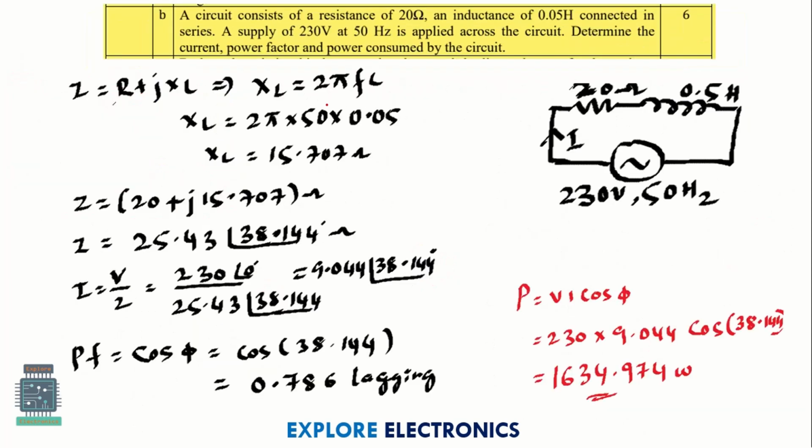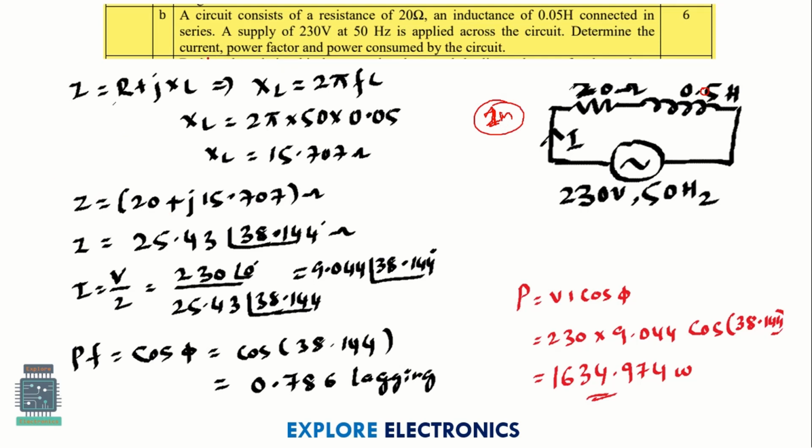A circuit consists of a resistance of 20 ohm. Again it is a problem, 20 ohm, and an inductance of 0.05 Henry connected in series, and a supply of 230 volts, 50 hertz. Likewise, as you read the question, you can write the circuit like this. So here also the circuit carries 1 or 2 marks, and you need to find out what they have asked.